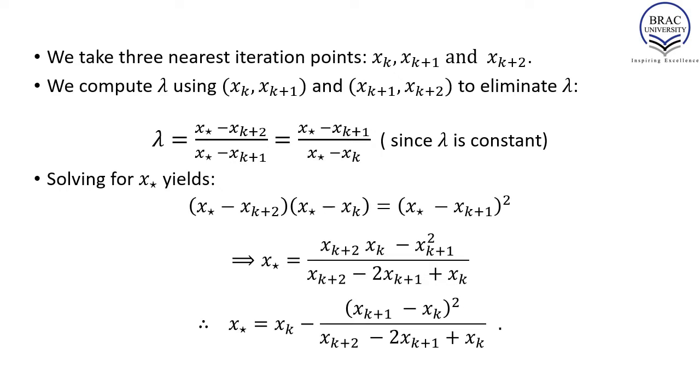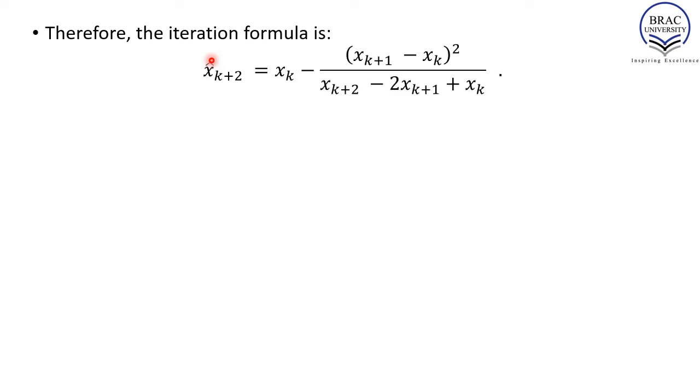Therefore the iteration formula is given by this one: x_{k+2} hat equals x_k minus (x_{k+1} minus x_k) whole square divided by x_{k+2} minus twice x_{k+1} plus x_k.